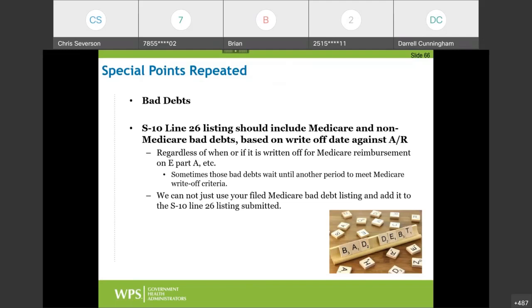Maybe some of those were written off of your AR in a prior period. So we need to see a full listing showing Medicare and non-Medicare write-offs during that cost reporting period. We've seen that in the past where some providers just said, here's the non-Medicare, I already gave you a Medicare bad debt listing before. We cannot add them together. They're not necessarily the same period.